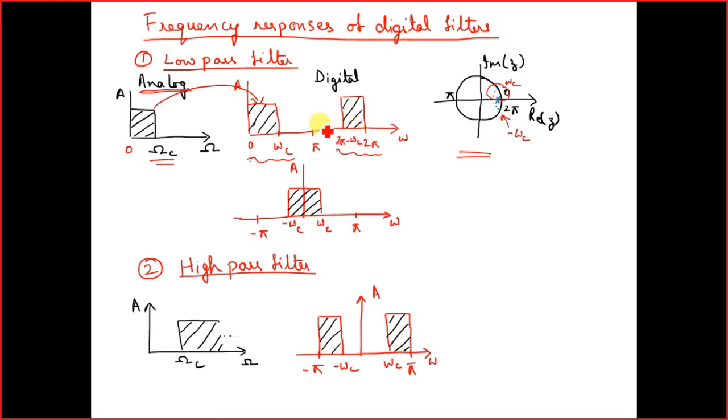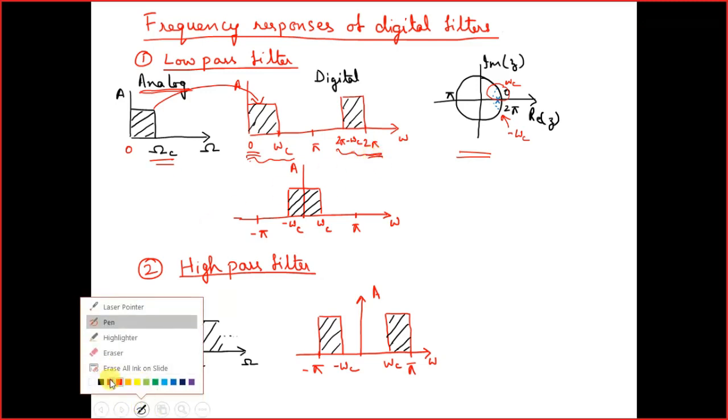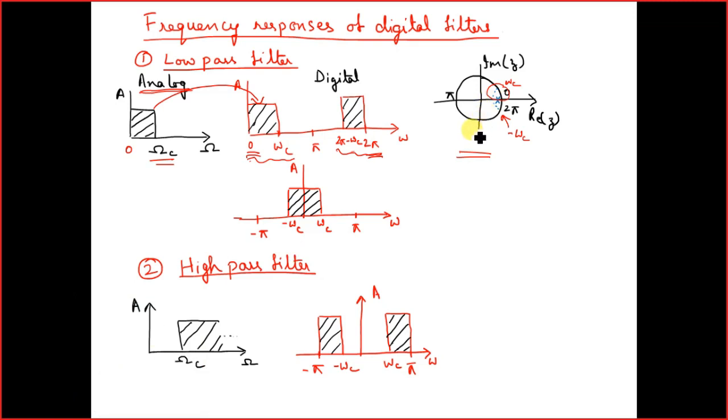Now, we have drawn the frequency axis from 0 to 2 pi. However, we can also change the limits to minus pi to pi.